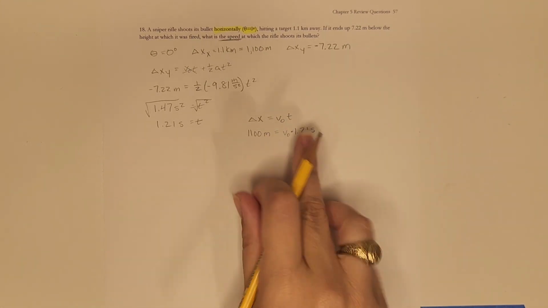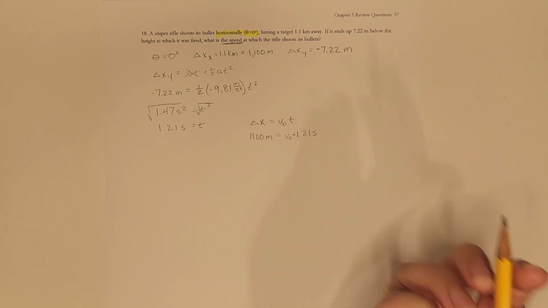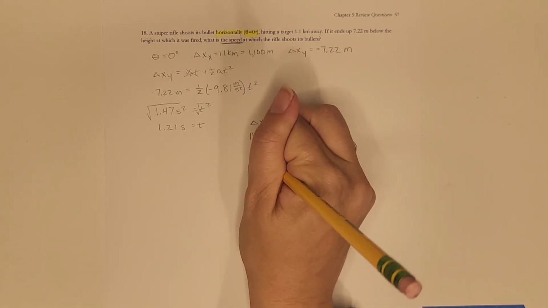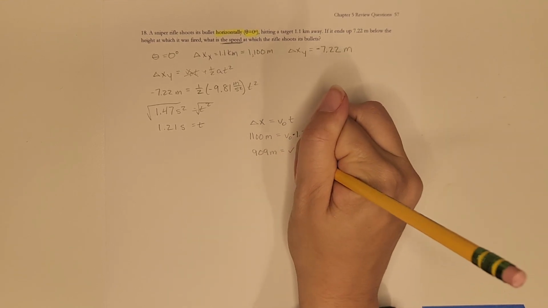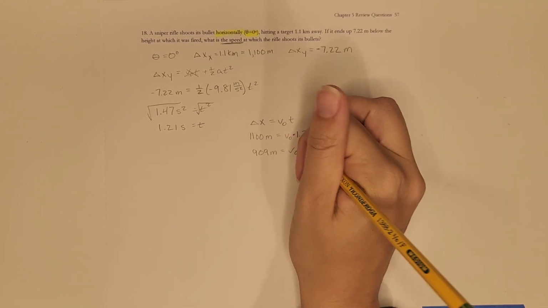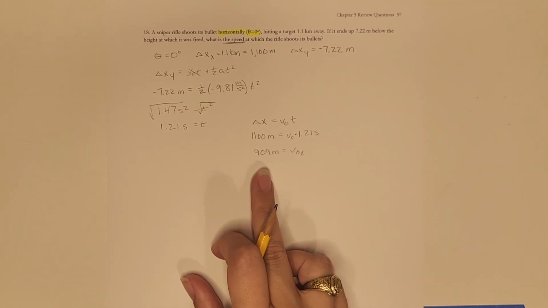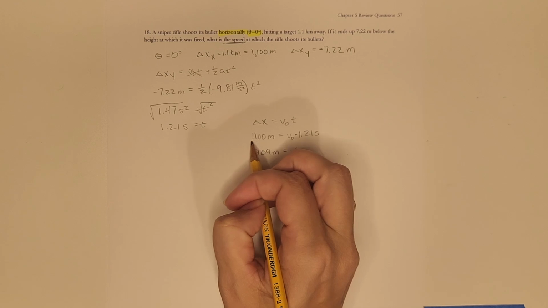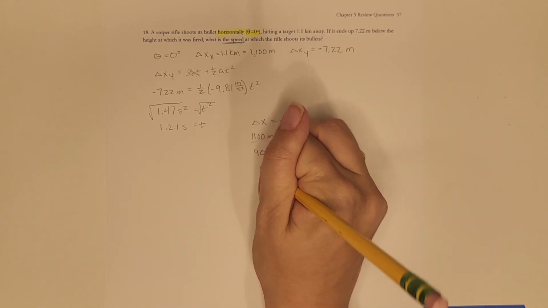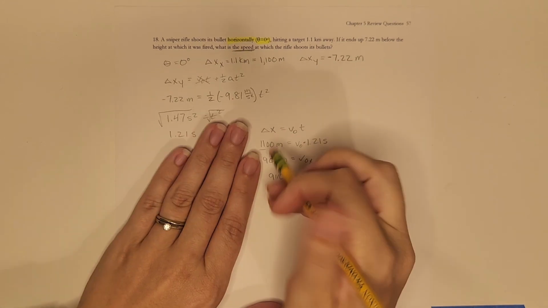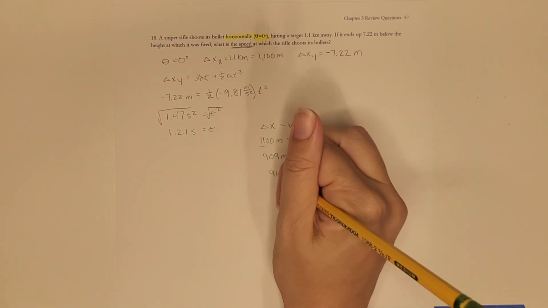And divide both sides by 1.21 seconds. And with that, we'll get 909 meters per second equals our velocity. Okay, now we need this to be in two significant figures because of this 1,100 meters, so 910 meters per second is what we will actually report.